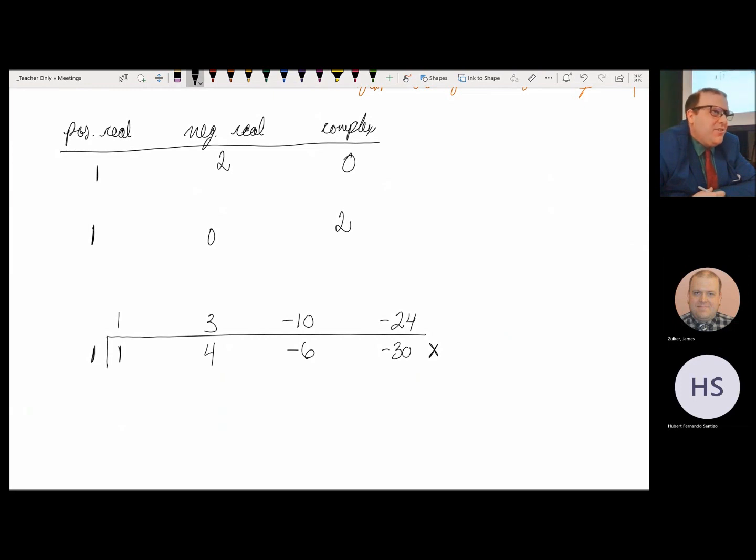That remainder has to be 0. It's going to tell me if it's a rational 0 or not. What this is saying is f of 1 is -30. That's what the remainder theorem says. So 1 is not a 0. Bummer.